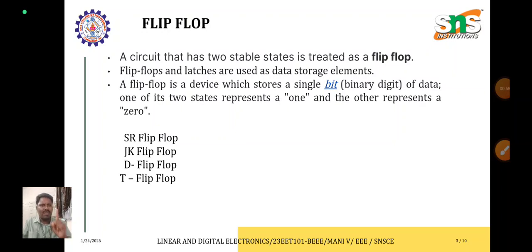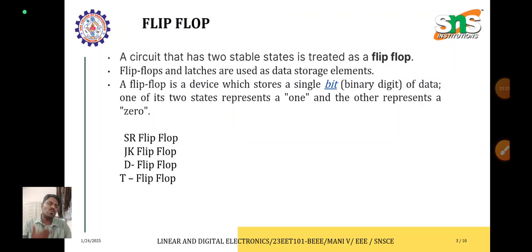In a single flip-flop, we can store only one bit, which may be either 0 or 1, so it cannot store much data. Suppose you want to store more than one bit, say 4 bits, then you need 4 flip-flops.